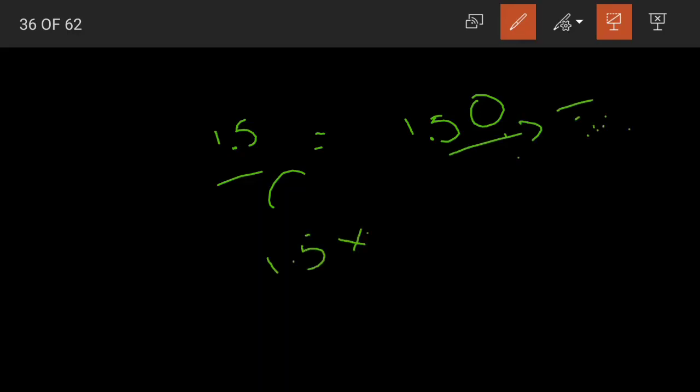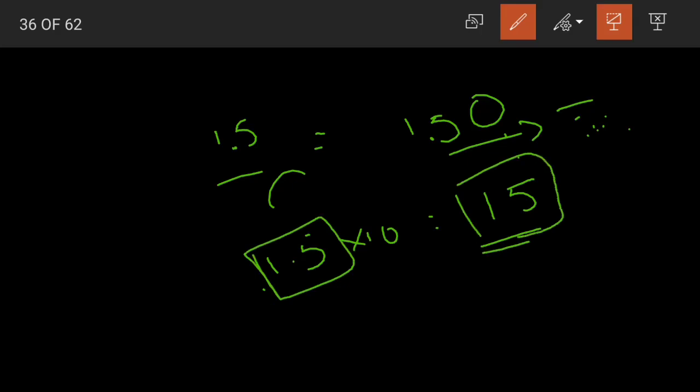Yes, so this is our equivalent decimal. But when we multiply a given decimal number by 10, 1.5 into 10, the answer would be 15. Yes, the decimal number was 1.5 and the product is 15. Now, are these two equivalent decimals? No, right? Yes, so when we multiply a decimal number by 10, its value changes.